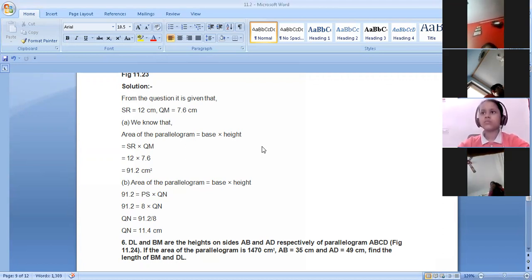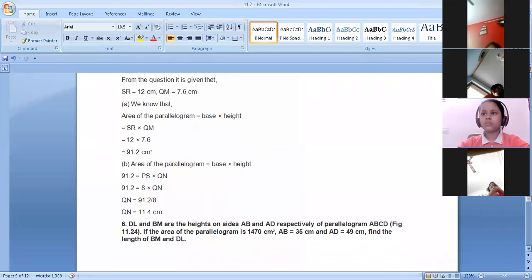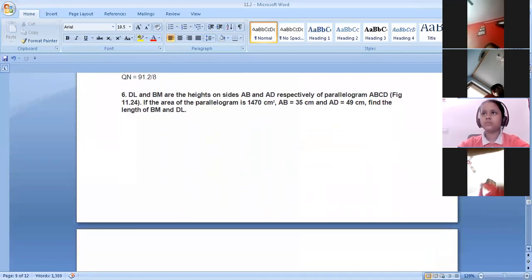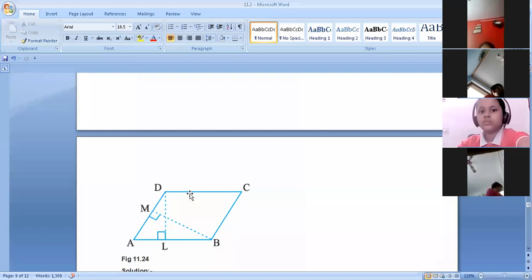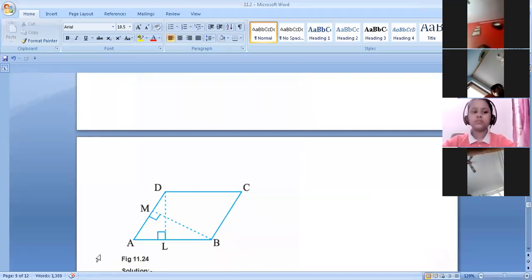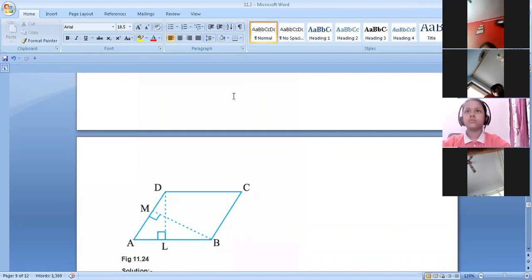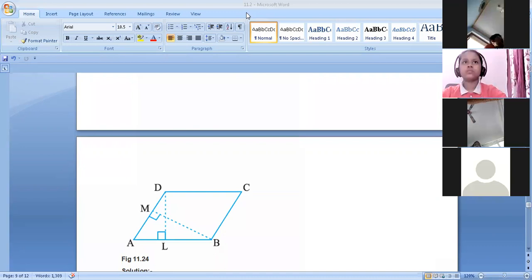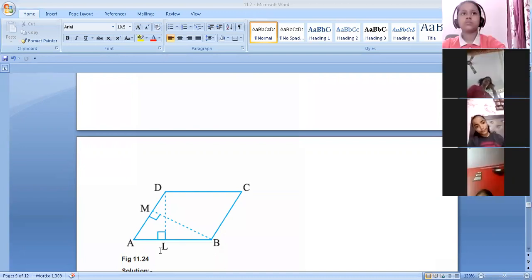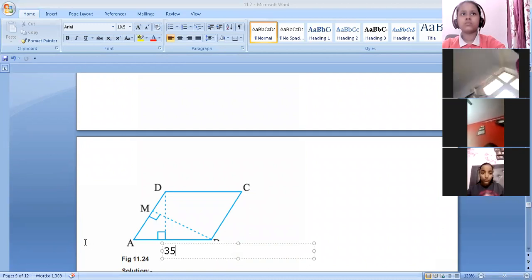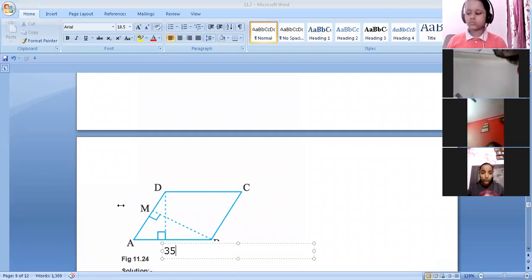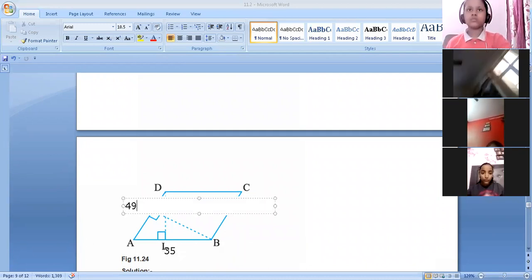So in this question, DL and BM both are the heights. DL and BM are heights given, and AB is given 35. AD is given 49 centimeters.